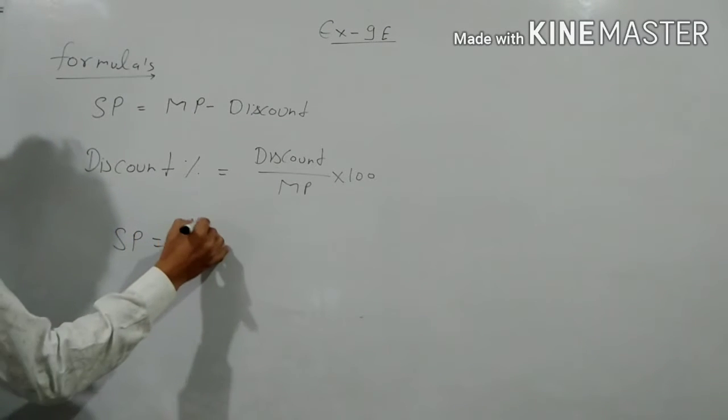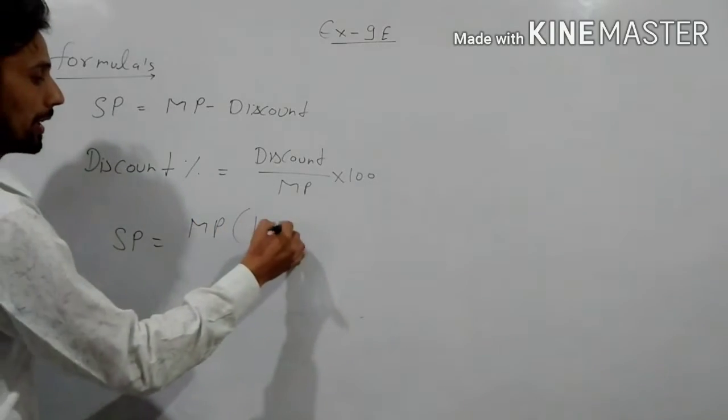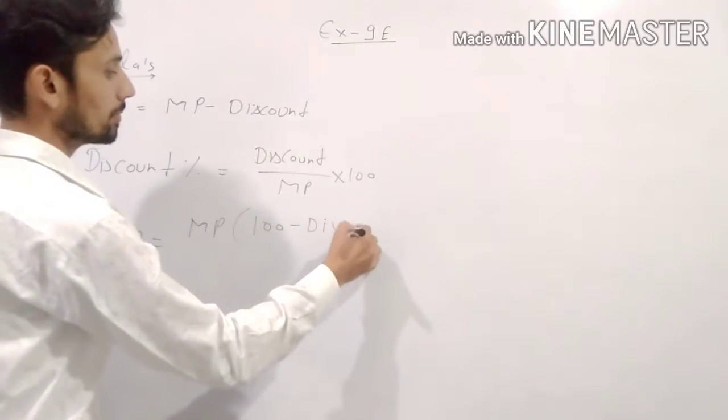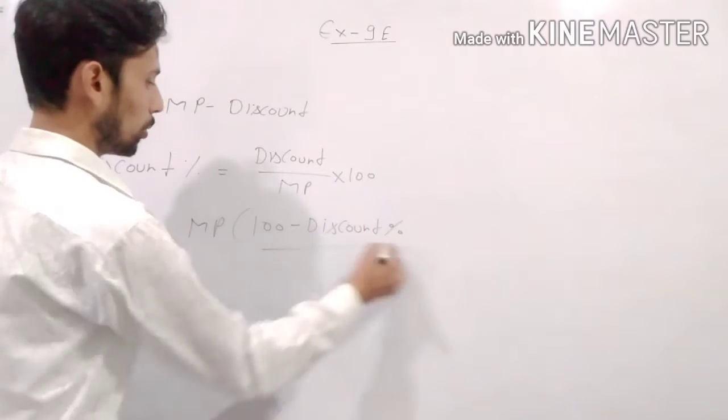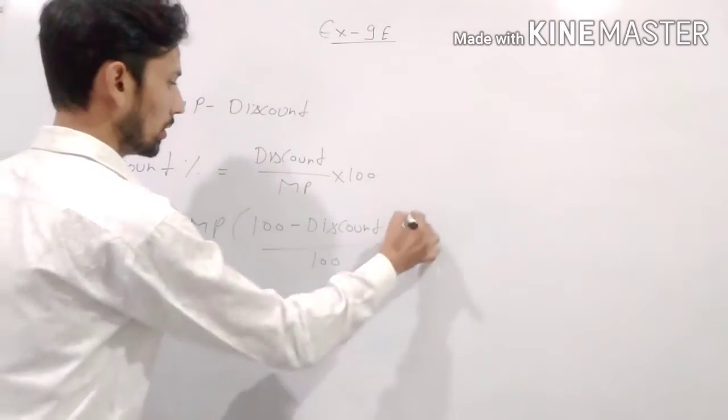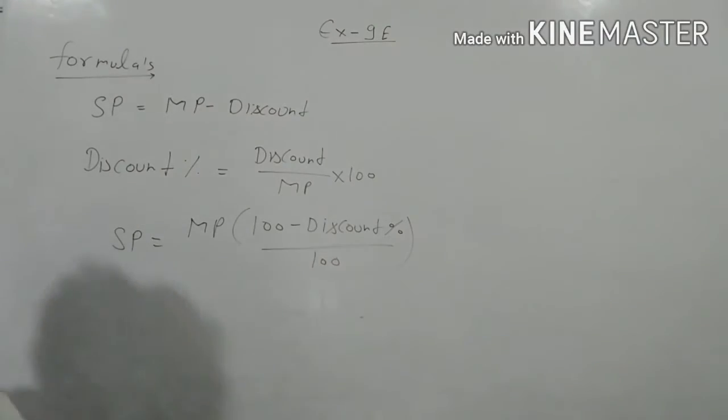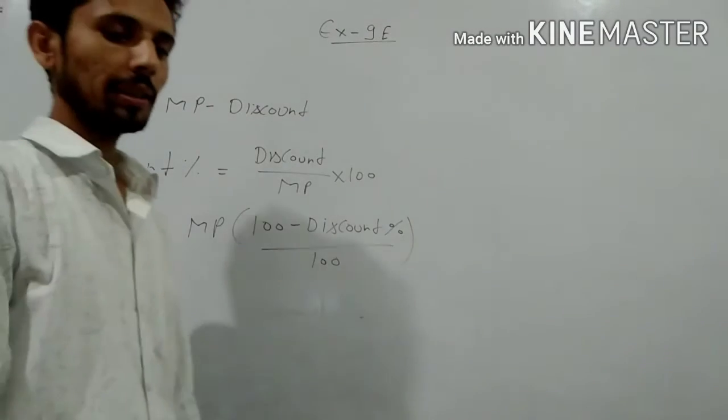SP is equal to MP into (100 minus discount percent) upon 100. Only these three formulas we will use in this exercise.